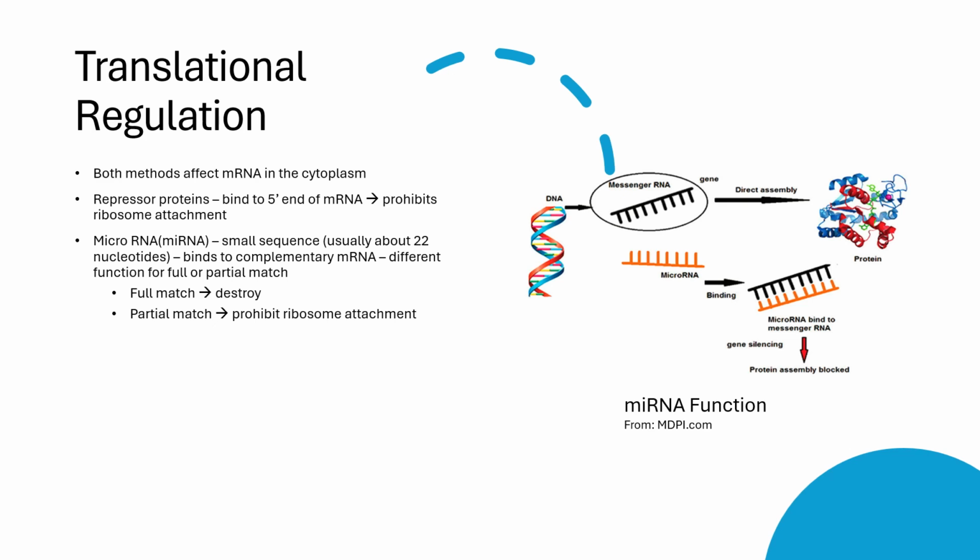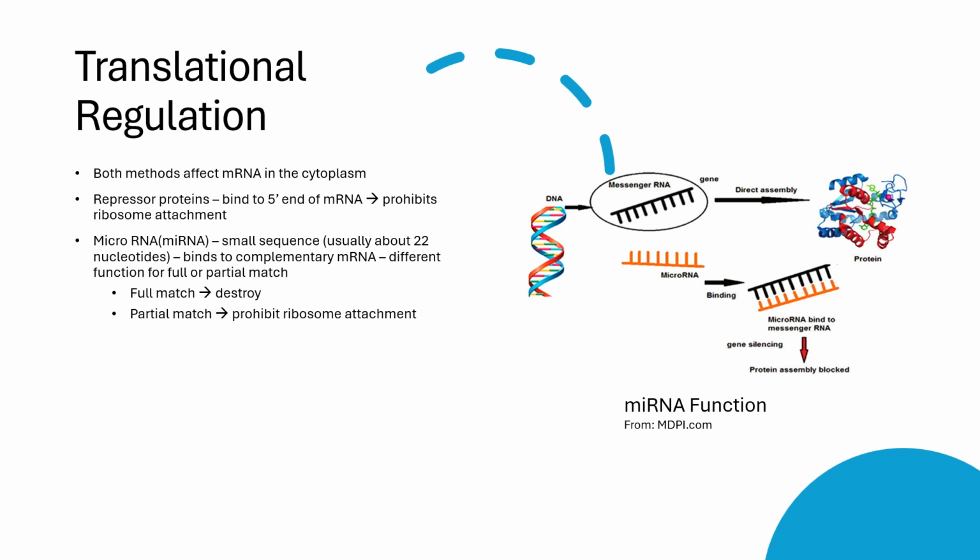All right, translational regulation. Both methods of this affect the mRNA in the cytoplasm. The first are repressor proteins. These bind to the 5' end of mRNA and prohibit their attachment to the ribosome. The second is microRNA, or miRNA.